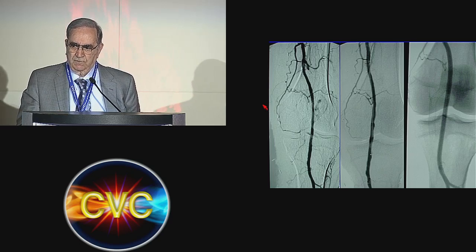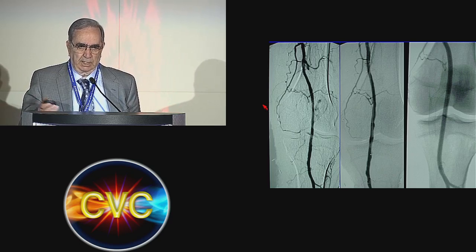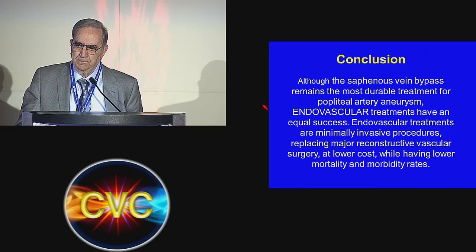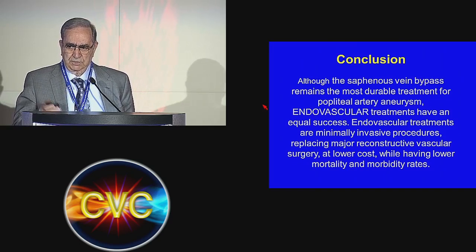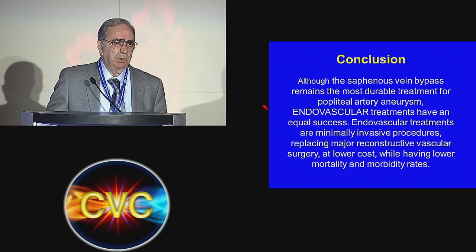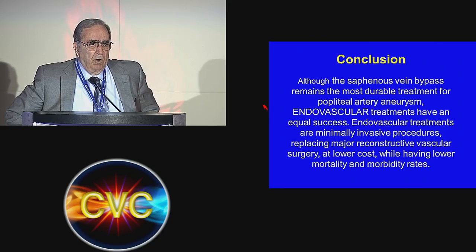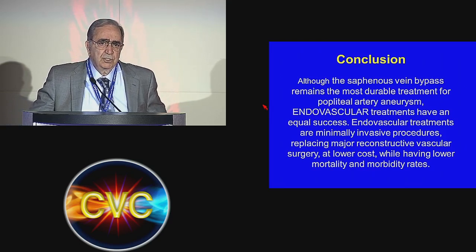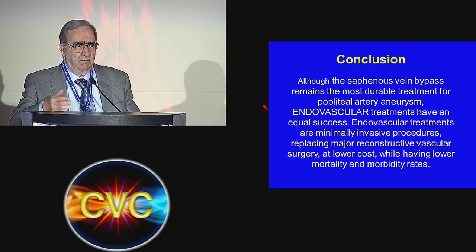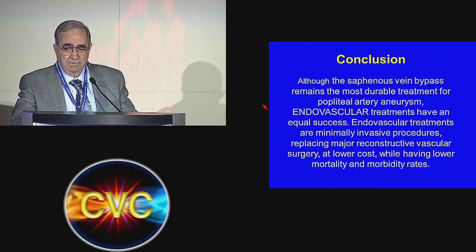He did very well for 2 years, then he died unrelated to his aneurysm. In conclusion, although saphenous vein is still probably the best treatment for popliteal aneurysm, there are a lot of articles in the literature showing that Viabahn stent graft has practically equal patency rate and success as saphenous vein.